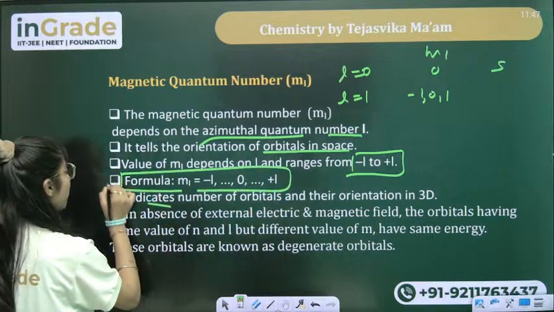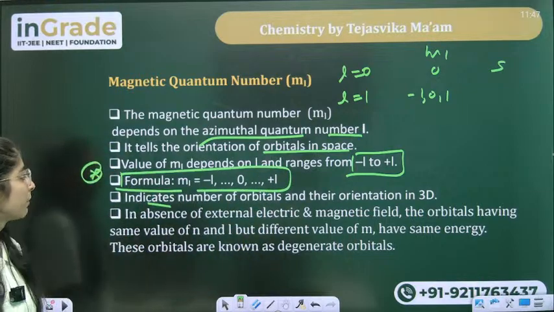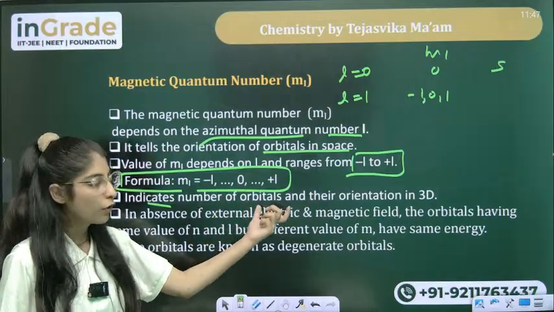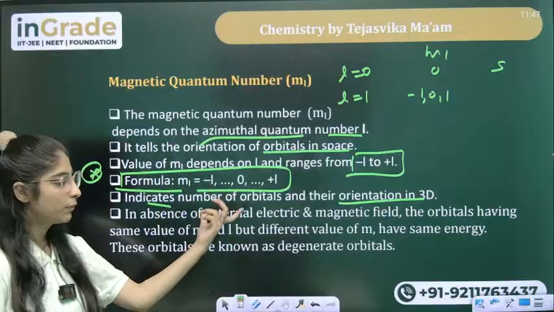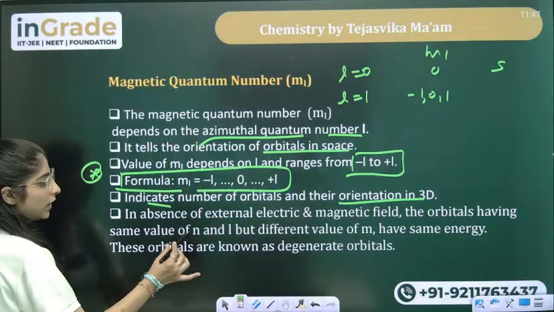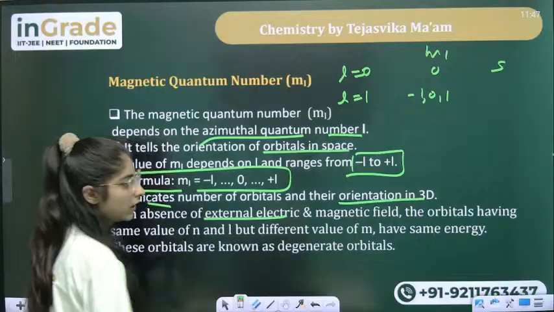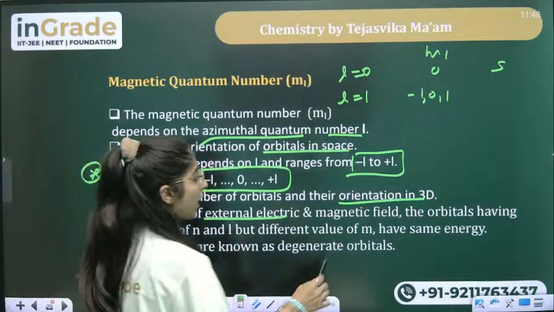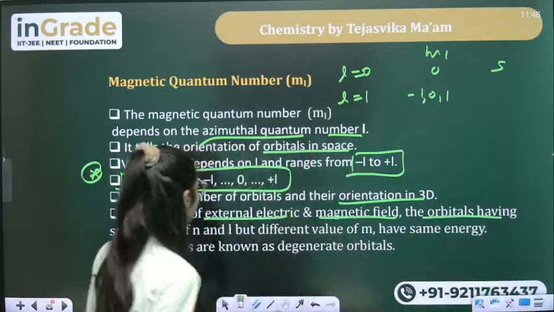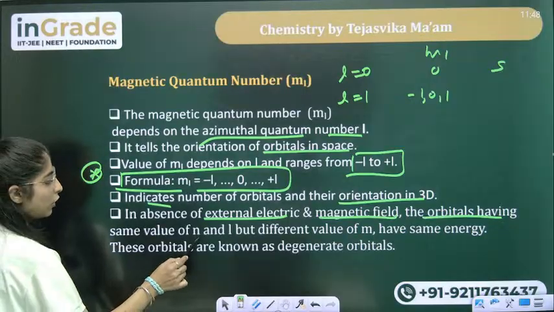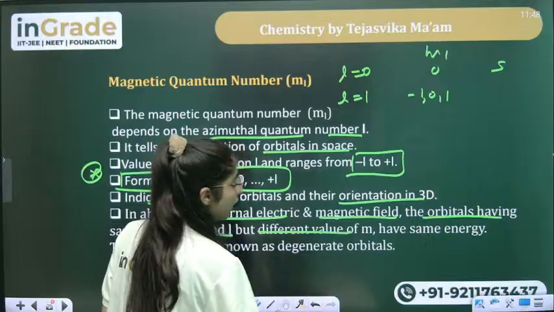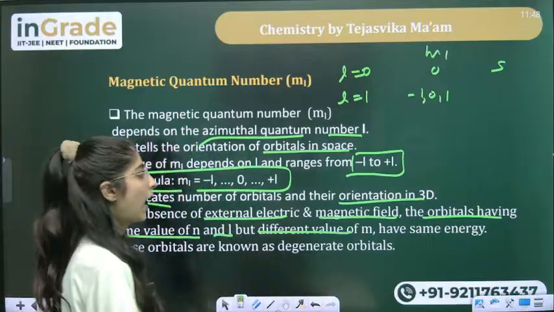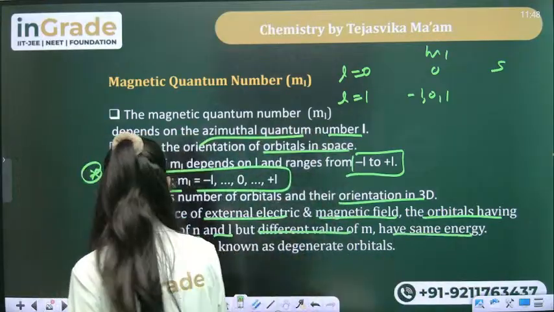You have to remember this formula. Next is that it indicates the number of orbitals and the orientation in 3D space, and we have discussed this point. Next is, in the absence of an external electric field and magnetic field, the orbitals having the same value of n and l but different values of m have the same energy.